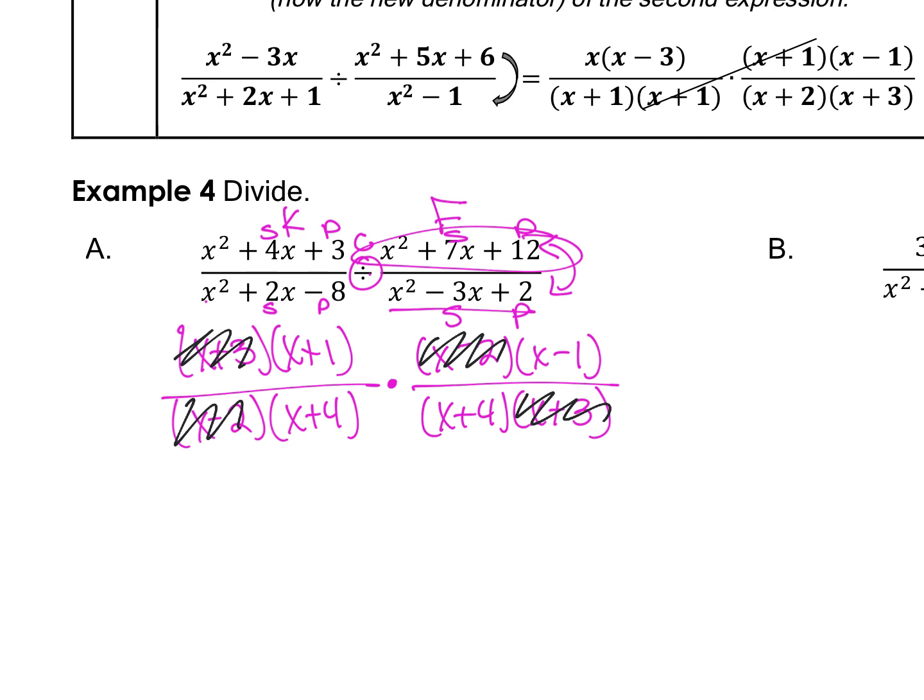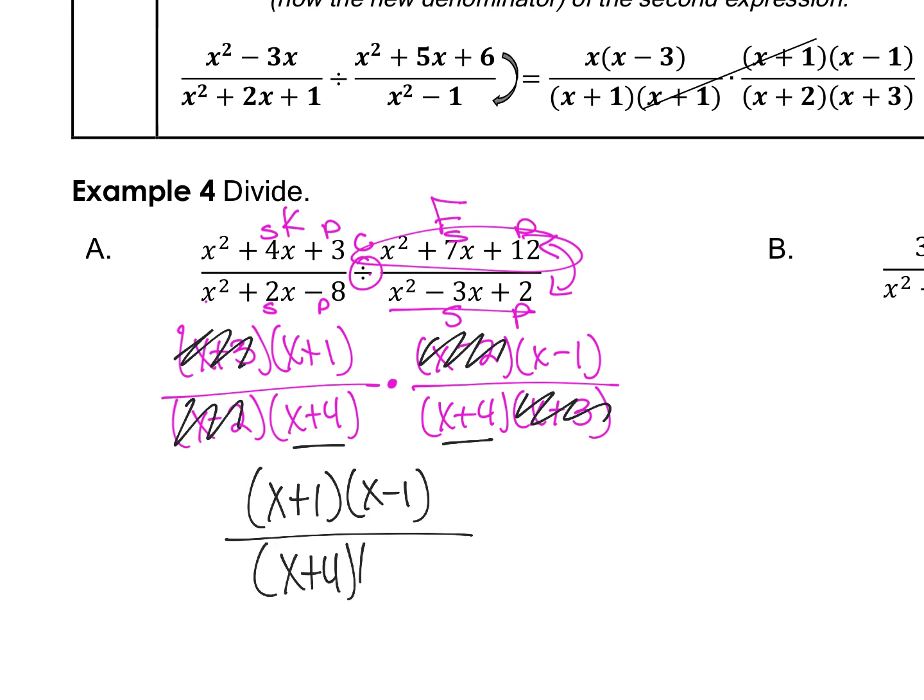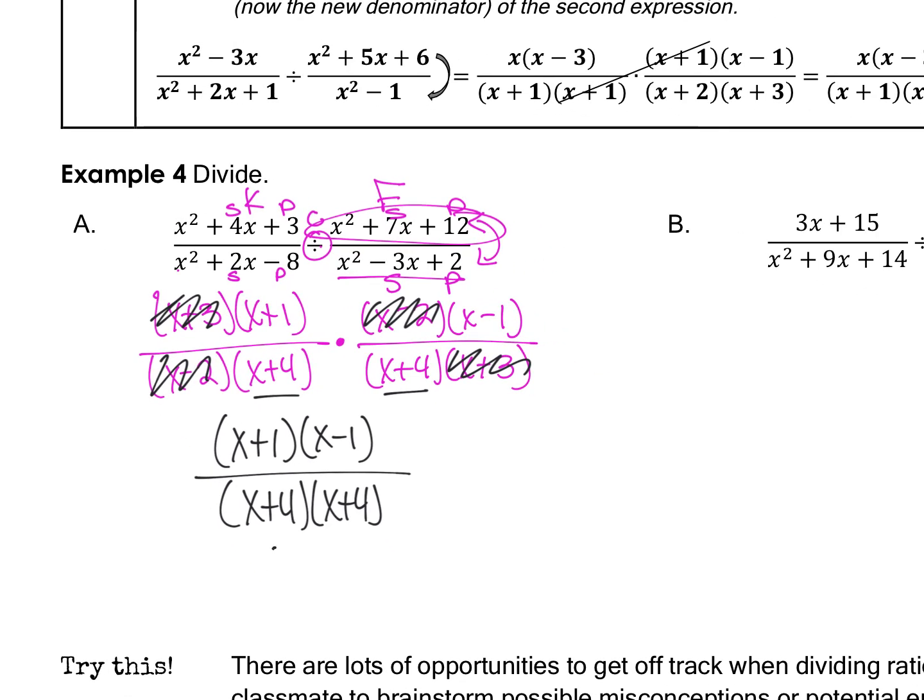So multiplying your tops together, but not really multiplying them, just putting them together, I would have an x plus 1, an x minus 1, and then looking in your denominators, I have 2 x plus 4's. So you can either write it twice, or you could put x plus 4 squared if you wanted to write it like that. So either way right there, I'll accept.